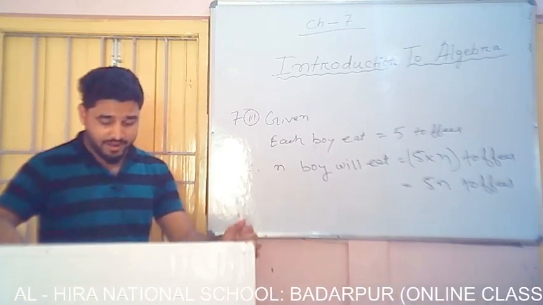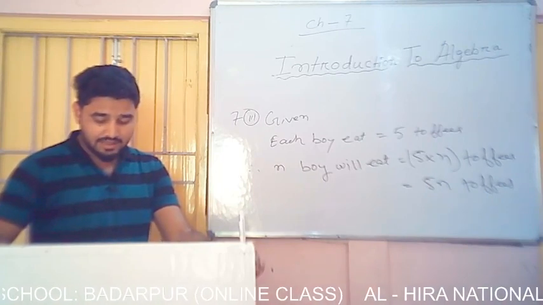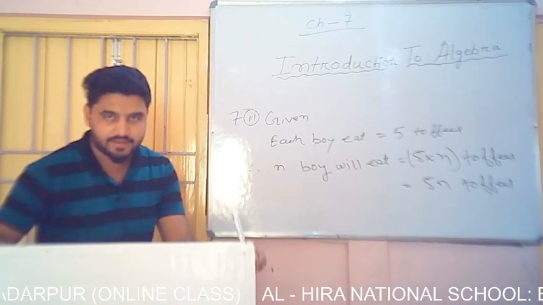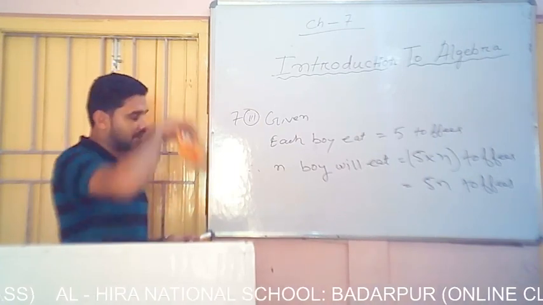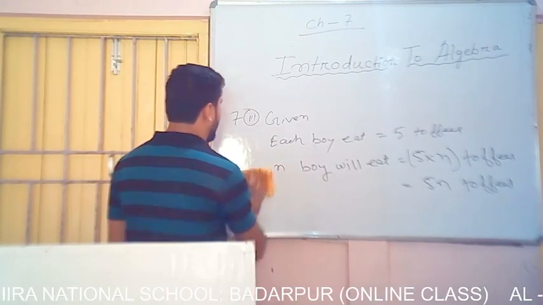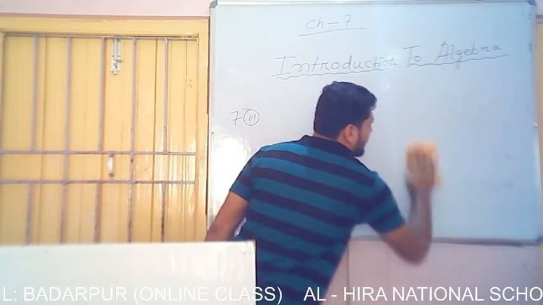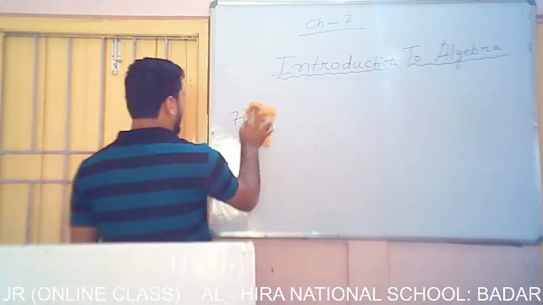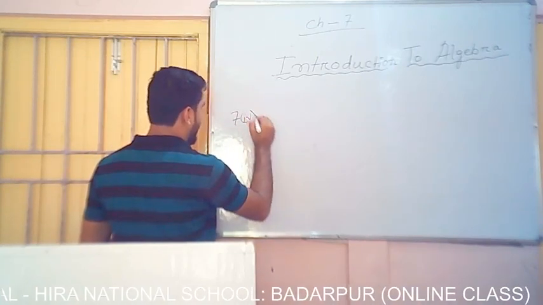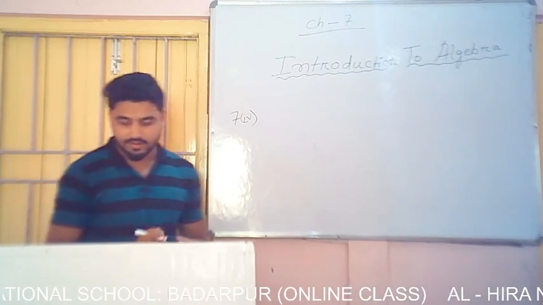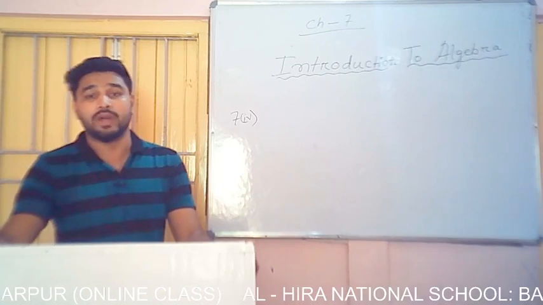Now come to question number 7, Roman 4. How many weeks are there in D days? That means some days are given. Here we should find the number of weeks.